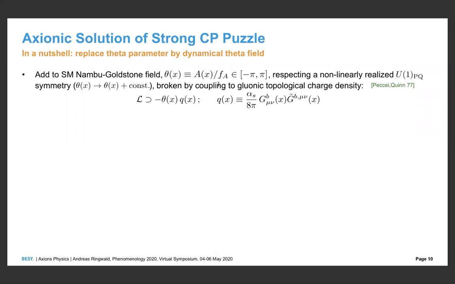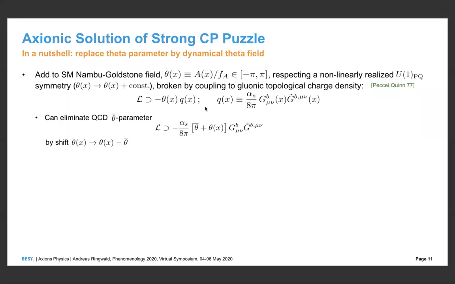It's like an angular field, a of x divided by f of a, where f of a is the decay constant of this Nambu-Goldstone field, respecting a nonlinearly realized shift symmetry, broken just by the coupling to the gluonic topological charge density. So the effective interaction of this theta field with the topological charge density in QCD should be just such a linear term.